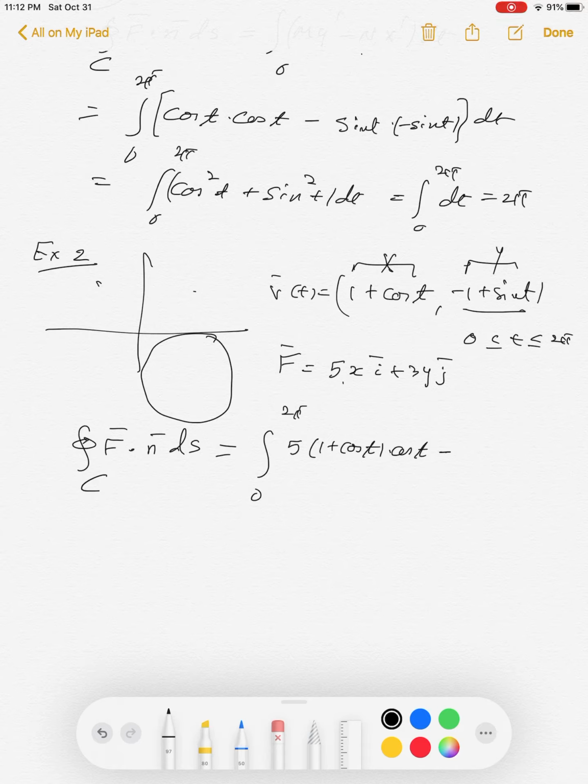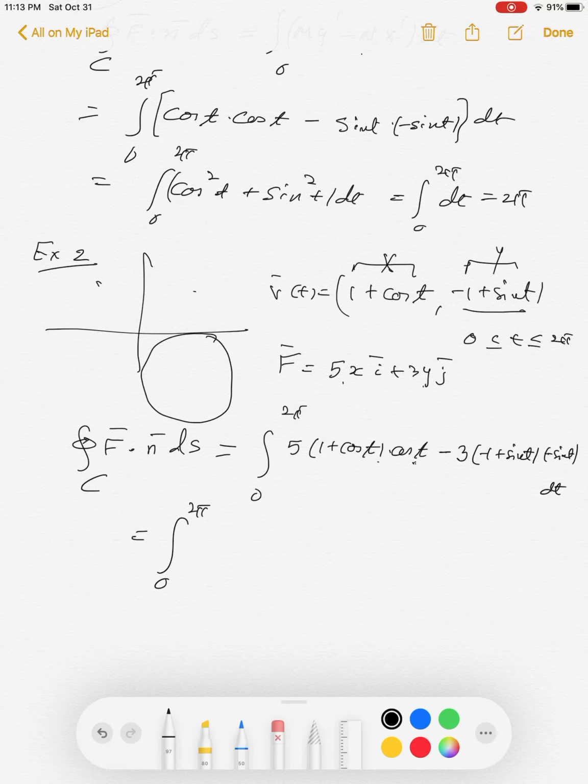So y prime is cos t, minus n, which is, right, isn't that? Yeah, so this is m y prime minus n x prime. So n is 3y, minus 1 plus sin t, times x prime, which is minus sin t dt.